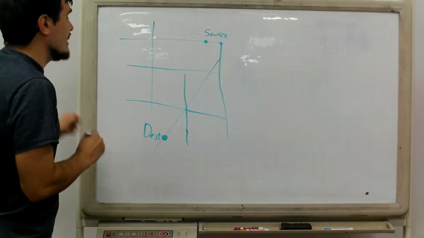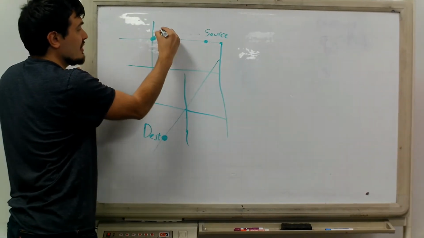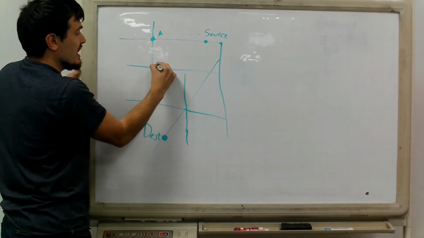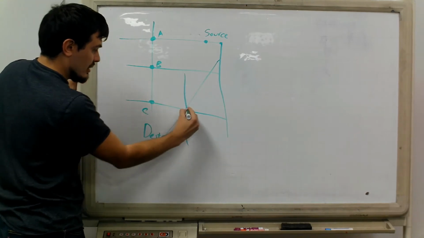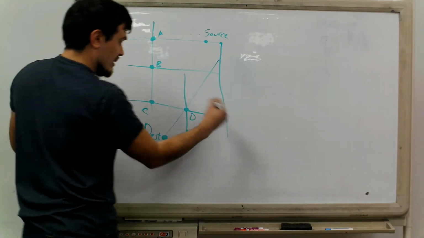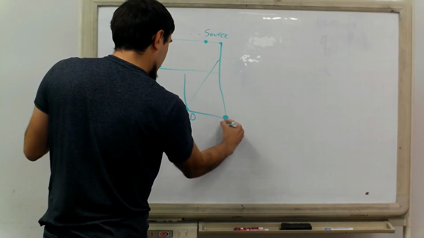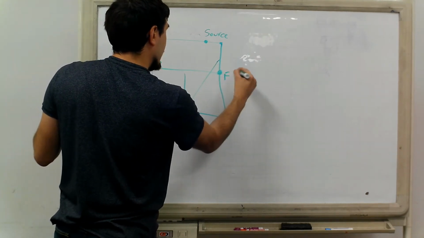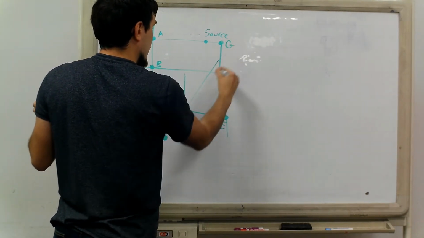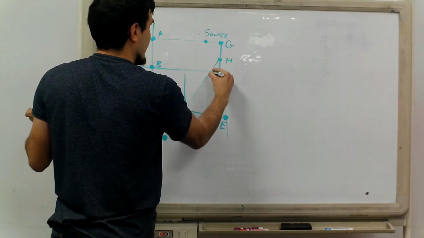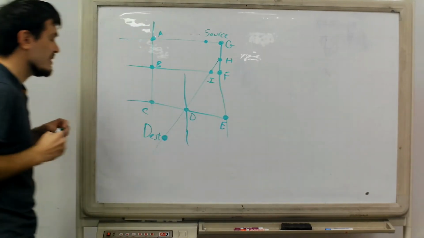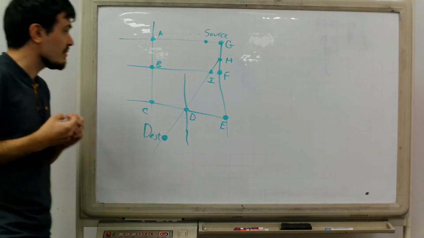One way we can model it is we'll identify all the street intersections. So here's A, B, C, D, E, F, G, and you've got H and I here. Okay, so here's a bunch of street intersections.